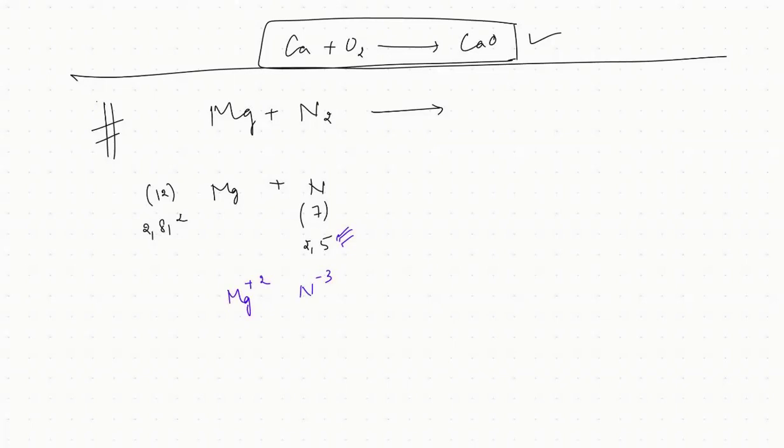So when you crisscross it, what is going to be formed? It is going to be Mg3N2. Because obviously when I have to crisscross, I have to make their cations and anions.